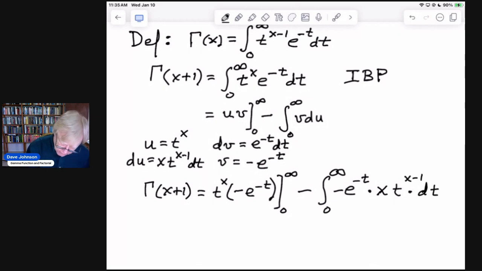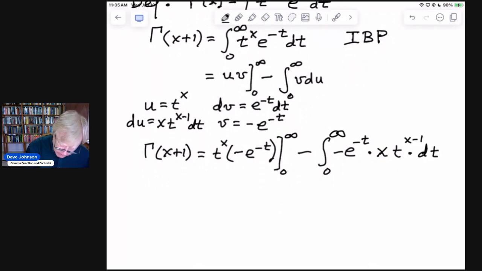Okay, now I want to just mention, I'm not going to spend a lot of time on this, but if you plug in the infinity here, it's technically a power function for a fixed x, and the negative sign isn't going to matter here. And then e to the negative infinity is 0.